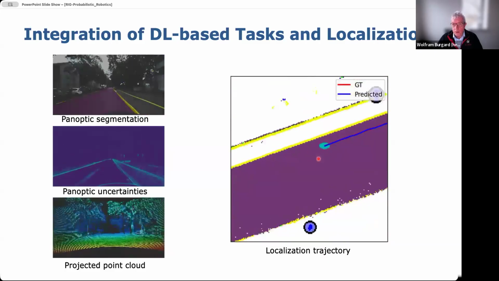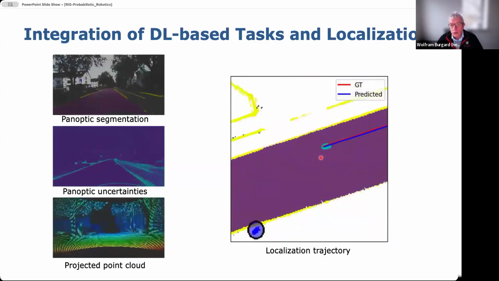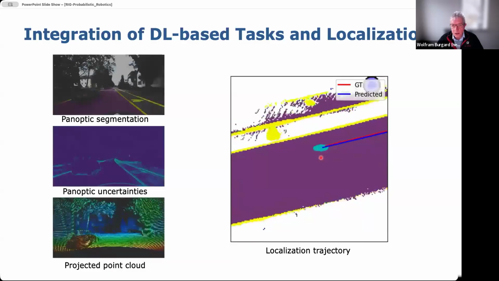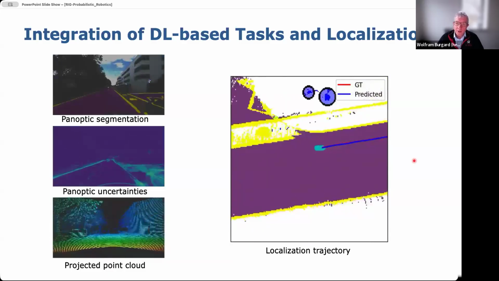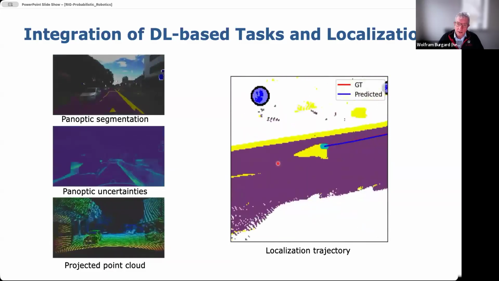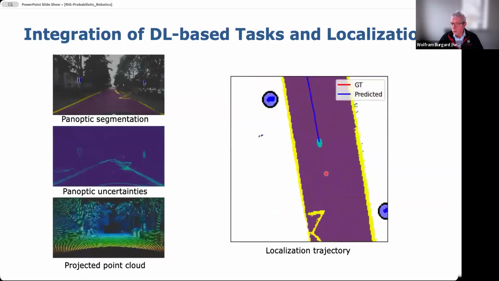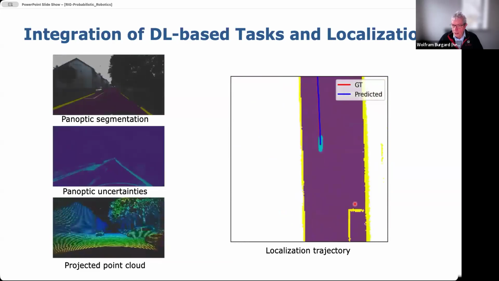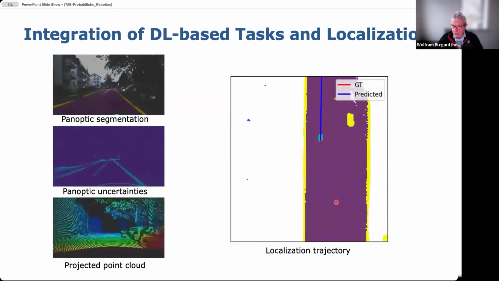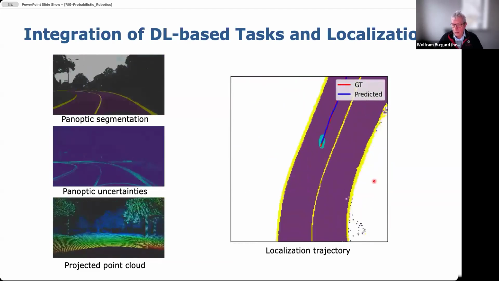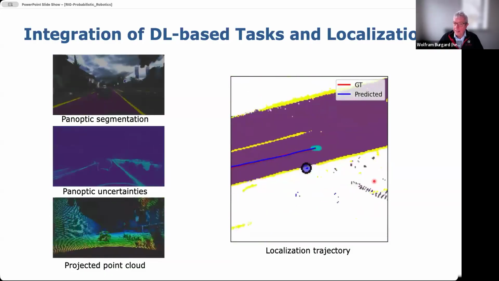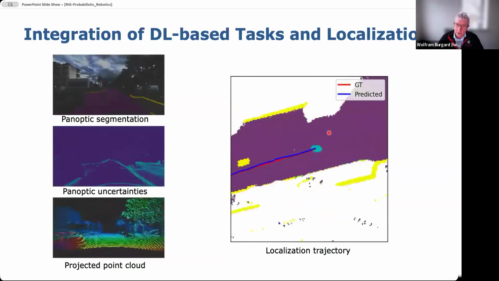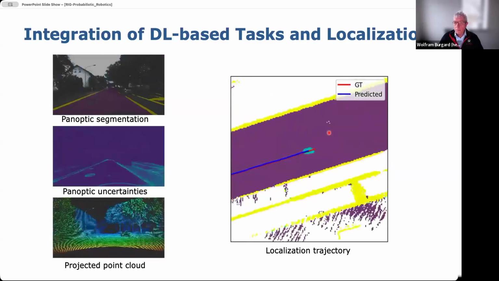Red is ground truth and blue is predicted. Ground truth is obtained here using a differential GPS. And whenever the particles stretch out in the direction of travel, the reason is that there are too few point features that the car could use to exactly figure out where it is in its environment. That also sometimes leads to estimation errors.